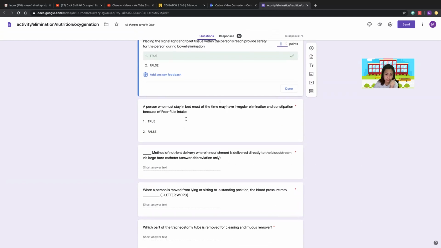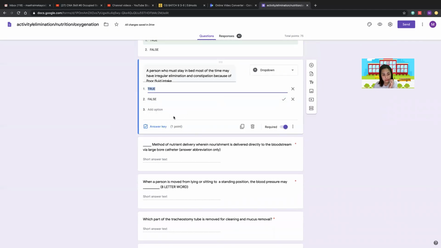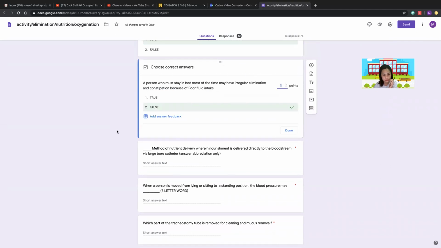A person who must stay in bed most of the time may have irregular elimination and constipation because of poor fluid intake. The answer is false.